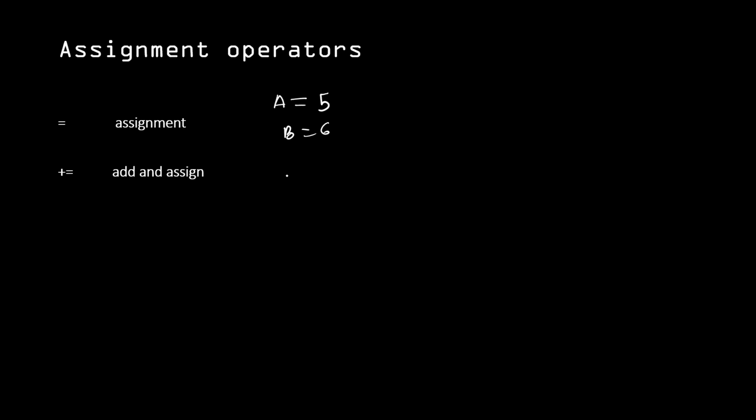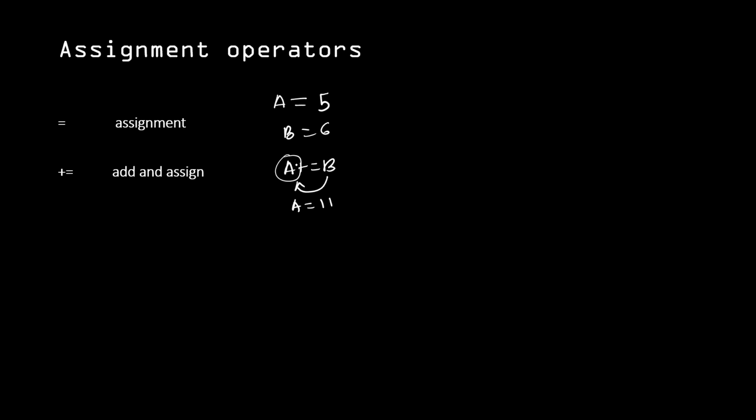So what I'm going to write is a += b. Now in this operation, a's value and b's value will be added. 5 plus 6 is nothing but 11 and the result will be stored inside our a variable. So now our a variable value is 11.